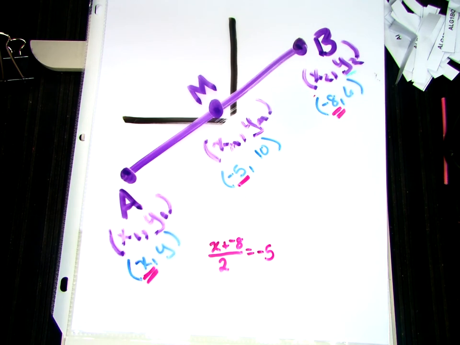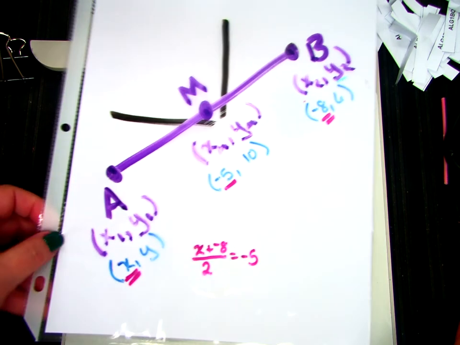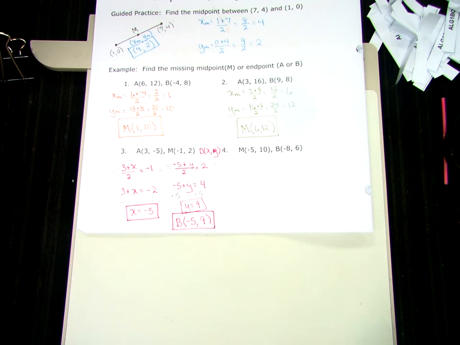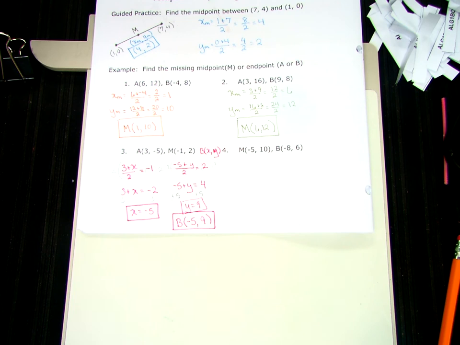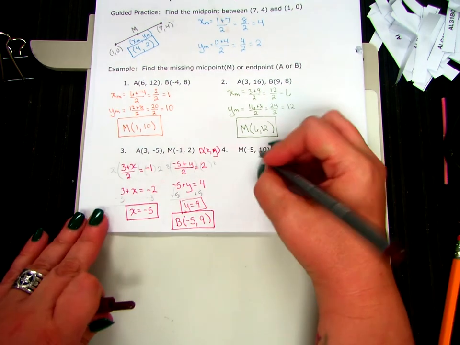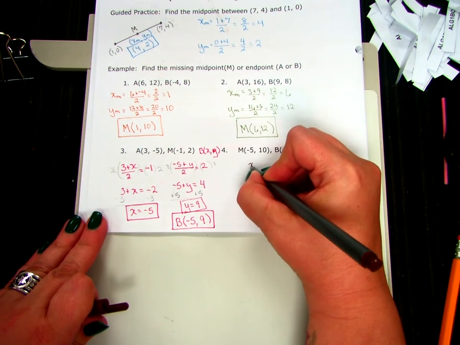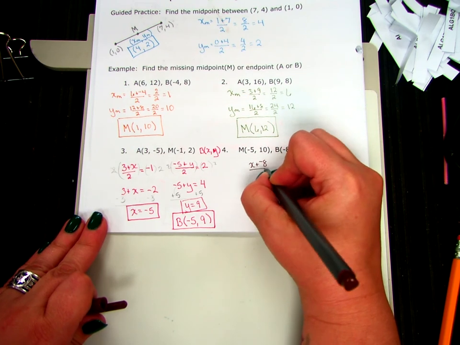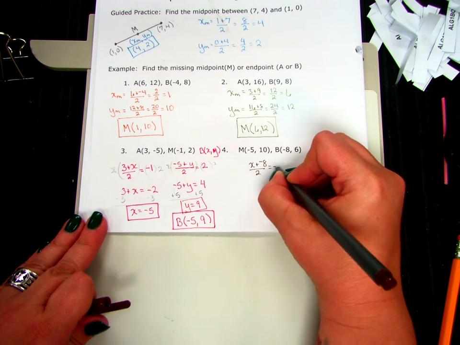Okay? x plus negative 8 divided by 2 equals negative 5.